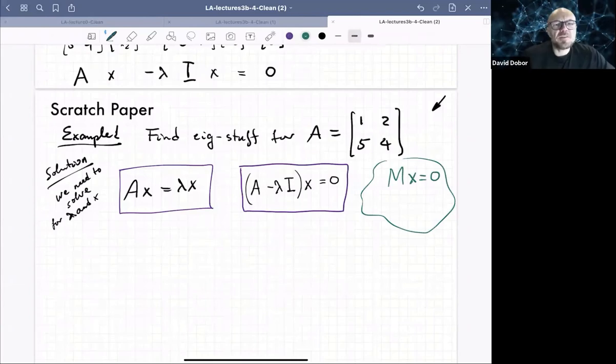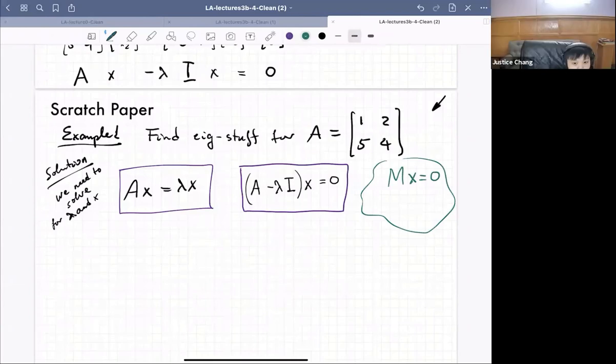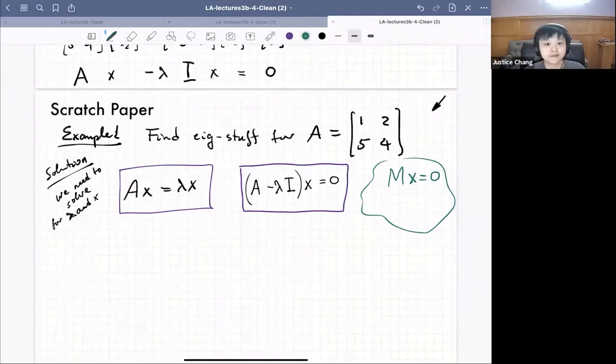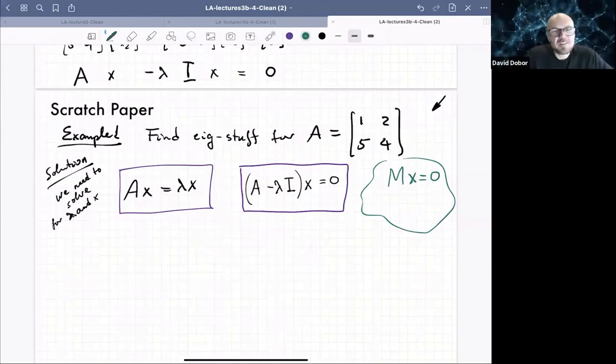What is this system of equations called again? It's called a homogeneous system. Maybe it was not a fair question, but it's a homogeneous system of equations, right? Mx equals 0.